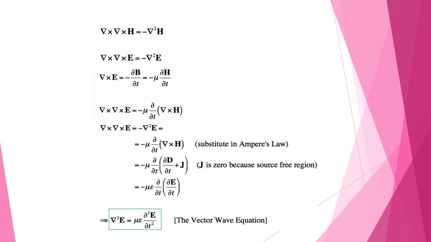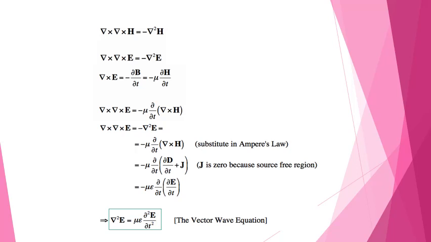Del cross E is equal to minus dou B by dou t, that is from Faraday's equation, that is equal to minus mu into dou H by dou t, since B equal to mu H. By substituting the above equation in del cross E, we get del cross E equal to minus mu into dou by dou t of del cross H. The del cross H can be rewritten as minus del square E. By substituting in Ampere's law, we get minus mu into dou by dou t of del cross H. If J is 0, we obtain the equation as minus mu epsilon dou by dou t of dou E by dou t.